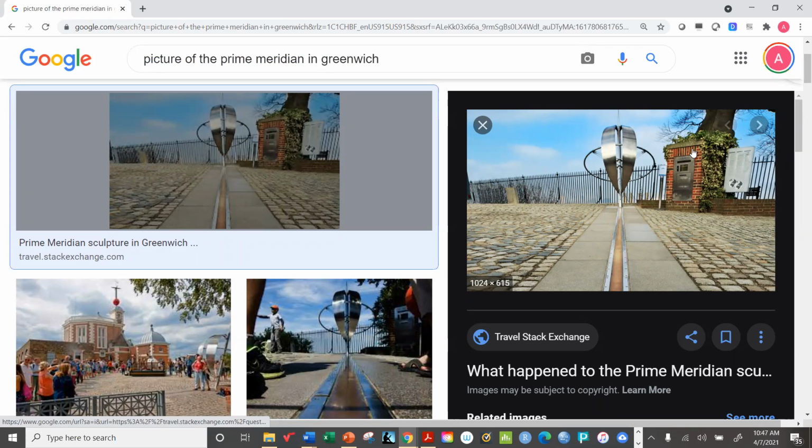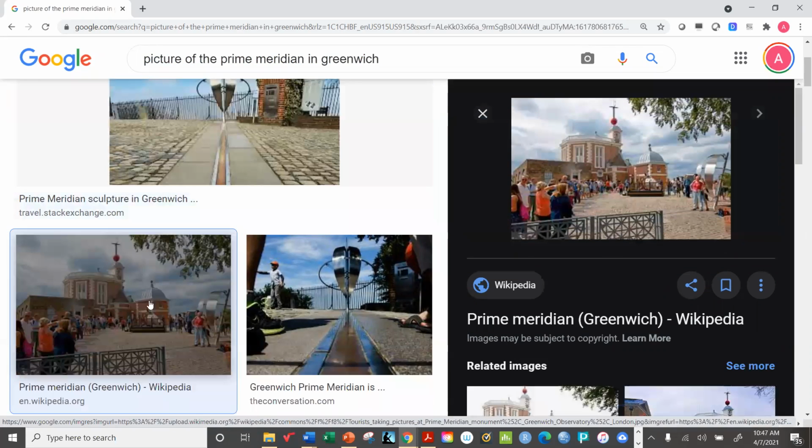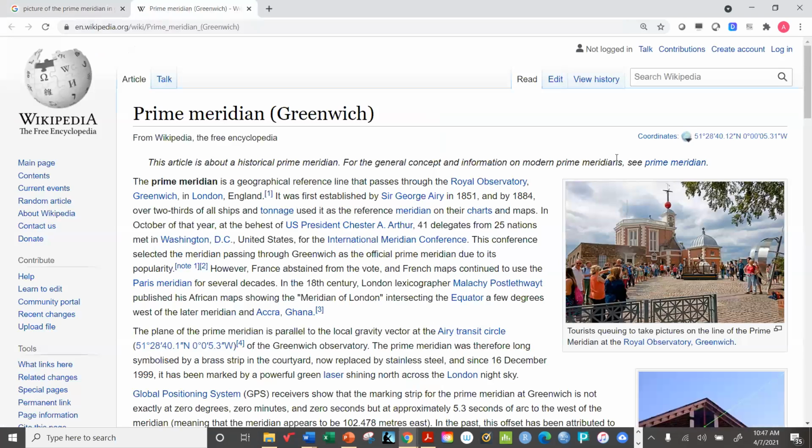Everybody has to do it. The observatory is up here. It was set up by Sir Isaac Newton, in honor, I shouldn't have said that, in honor of Sir Isaac Newton, who came up with this idea. And this is where the prime meridian is located in Greenwich.